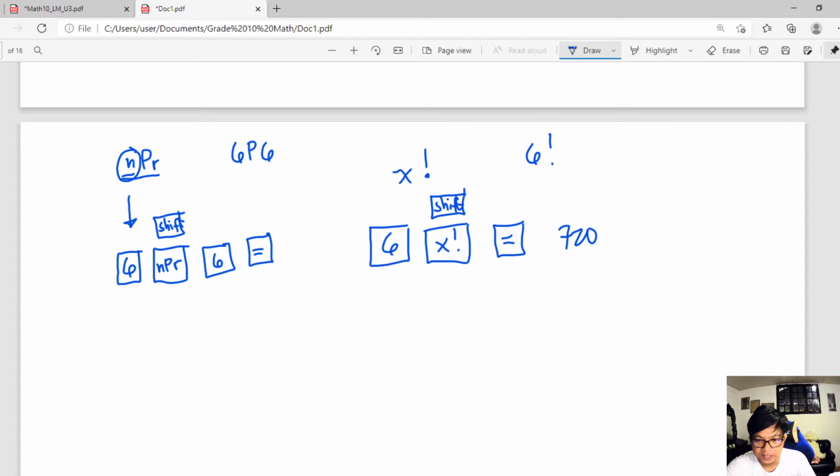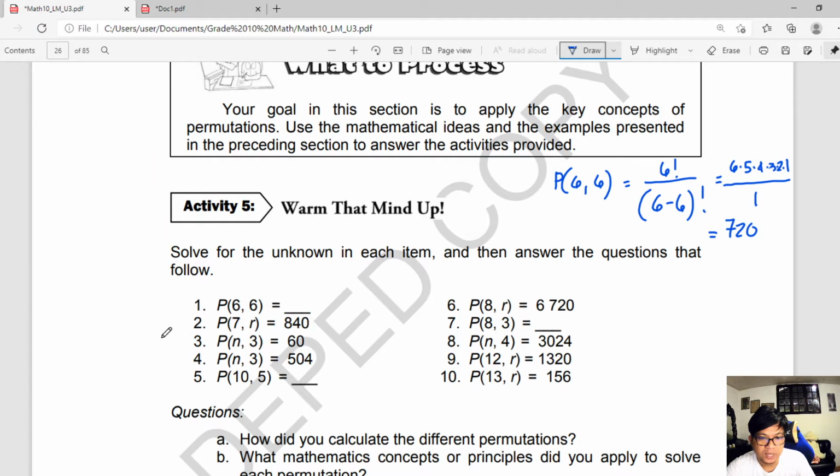Okay? So, let's proceed with, sige, sagutan natin. For number 2, ano ba yung number 2 natin? For number 2, we have permutation of 7, taking r at a time, pero yung permutation niya is equal to 840.